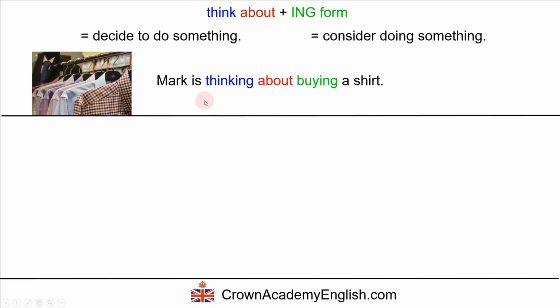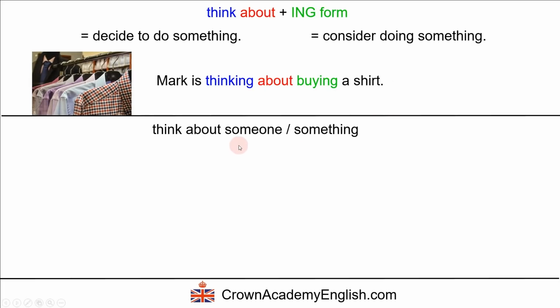So Mark is making a decision. He's deciding, do I want to buy a shirt or do I not want to buy a shirt? Maybe I'll buy a shirt. So we have the verb think, the preposition about, and then we have the ing form of another verb. This is the ing form of buy.